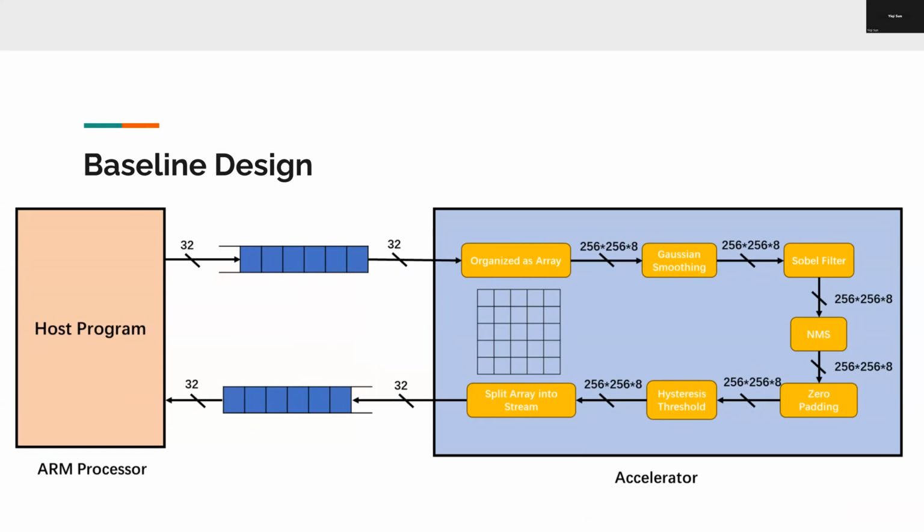When it comes to the accelerators, we first organize all the pixels into an array and transmit the whole arrays between the submodules. Then after the processing, we also need to split the array into a stream, which lets it meet the bandwidth of the FIFOs and transmit back to the ARM processor.